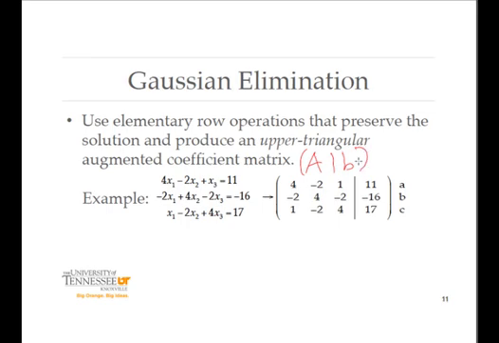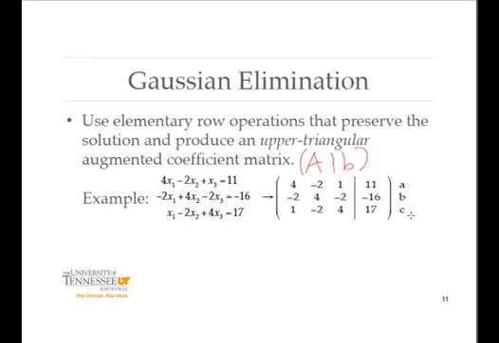Augmented means we've added the right-hand side B, because when we apply the row operations, we apply them all the way across to the right-hand side. Just for the purposes of indexing, I'm going to call the first row A, the second one B and C, just so that we can represent what the operations are. You could actually index them any way you wanted to.